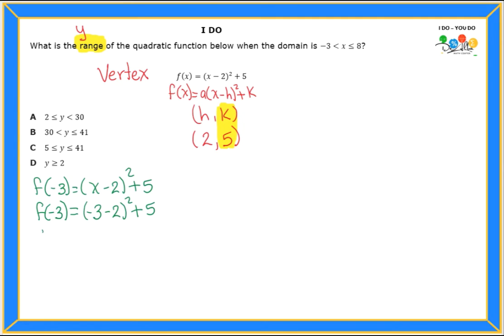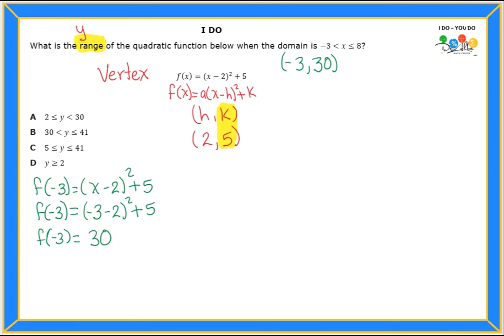Okay, so f of -3 is equals to -5 to the second power, or -5 squared. It's 25 plus 5, it's 30. Okay, so we found one point. So remember, when x is -3, the y value is 30. And we're going to use those when we graph it.